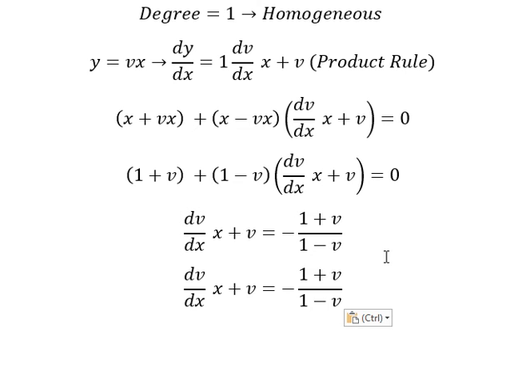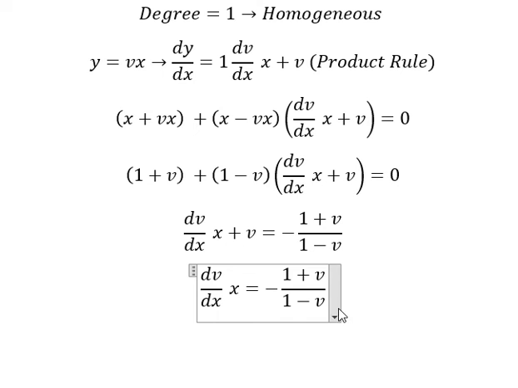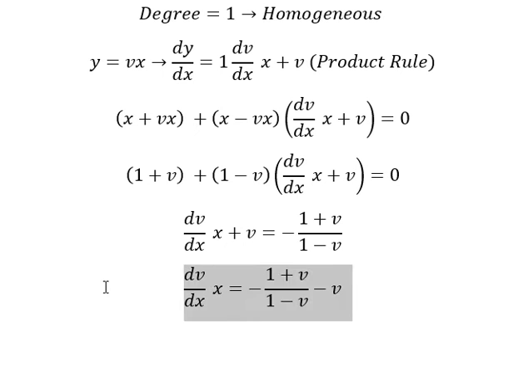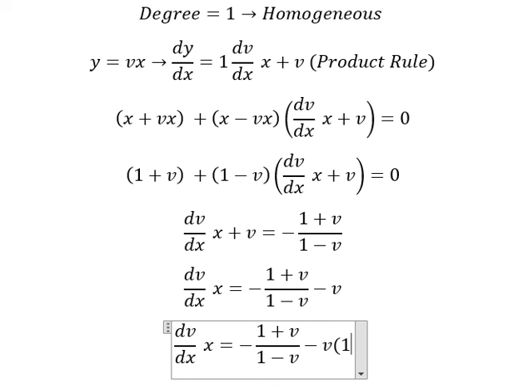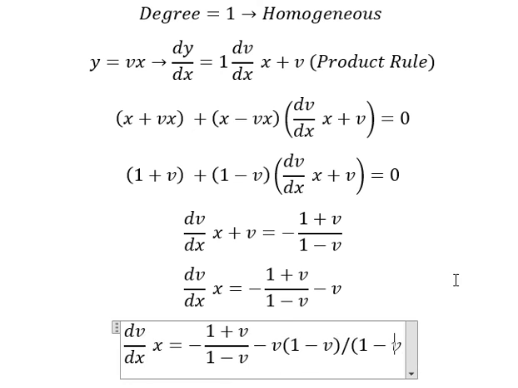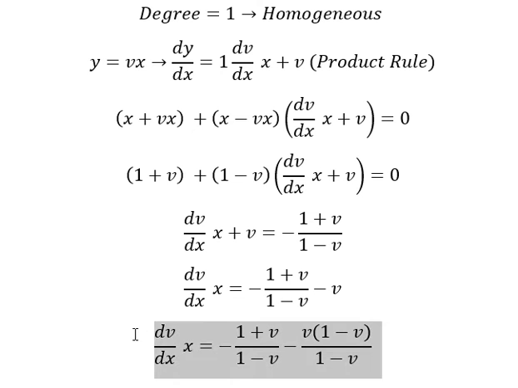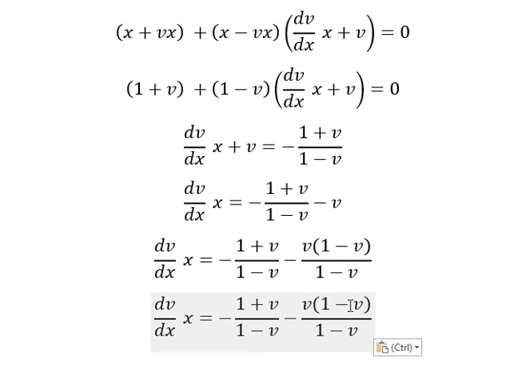Next, about v, I will put on the right and we have negative v. Next, we do common denominator. So v multiplied by 1 minus v.